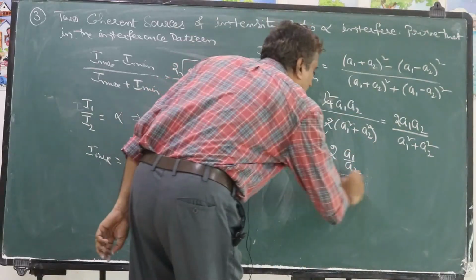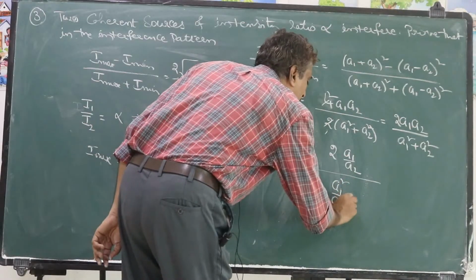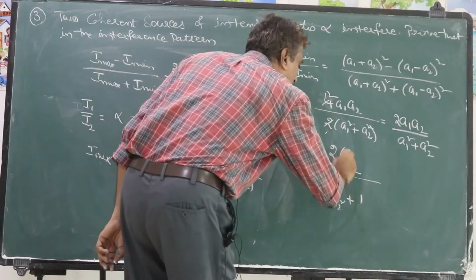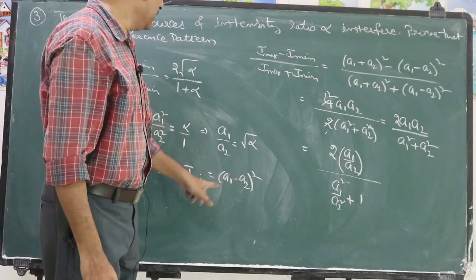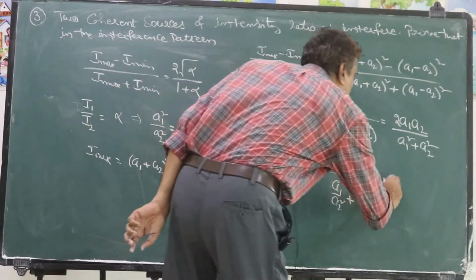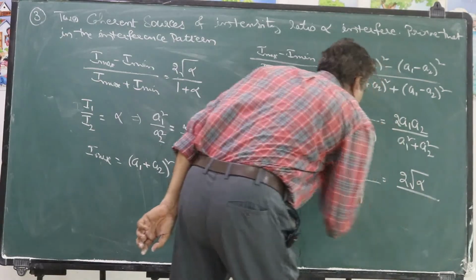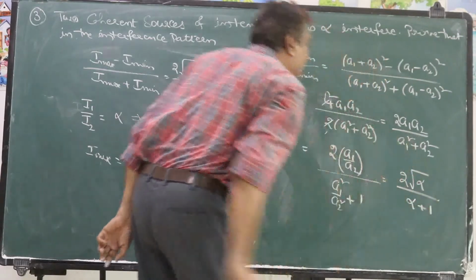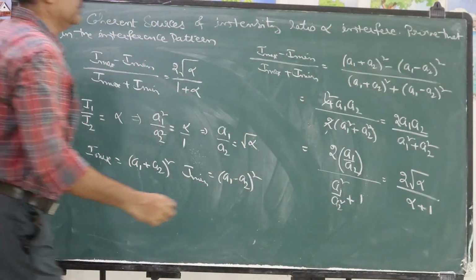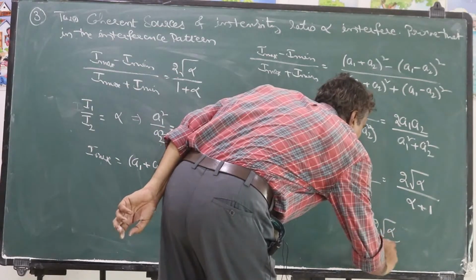So we will get 2 A1 by A2 by A1 square by A2 square plus 1. So already we got the condition that A1 by A2 is equal to root alpha. So we can write it as 2 root alpha by alpha plus 1. So this is equal to 2 root alpha by 1 plus alpha.